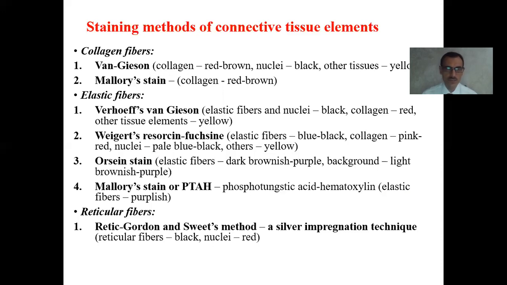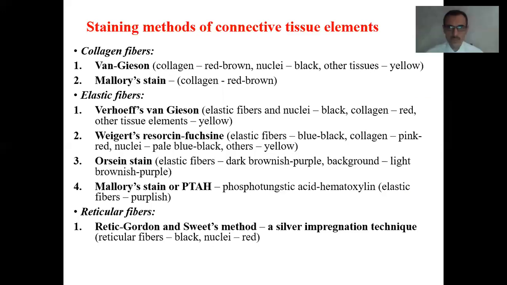The collagen fibers stain red brown, the cell nuclei black, and other tissues yellow. In the Miller stain, the collagen also stains red brown. Elastic fibers: for obtaining the elastic fibers, we use some methods.